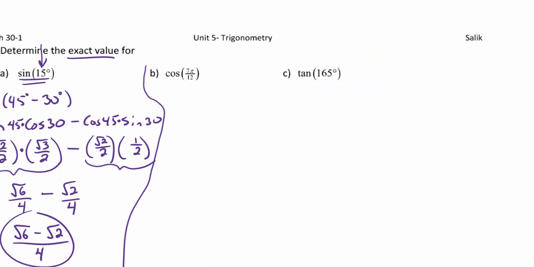Okay, so now the next one, I'm going to write this out again. So we've got cos 7 pi over 12. I'm just going to rewrite this guy. So let's rewrite this as cos, and then instead of 7 pi over 12, these ones take a little bit more fiddling with to get the numbers so that they're on the unit circle.